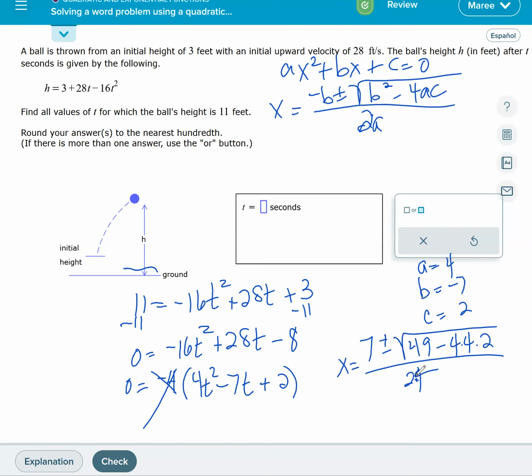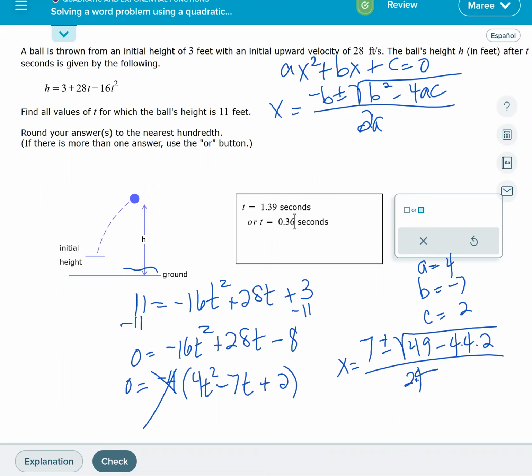And I get a time of 1.39. So we'll go ahead and type that in. And then I use my up arrow twice, copy paste, back up, make that a minus sign. And we get 0.36 seconds, rounded to the nearest hundredth.